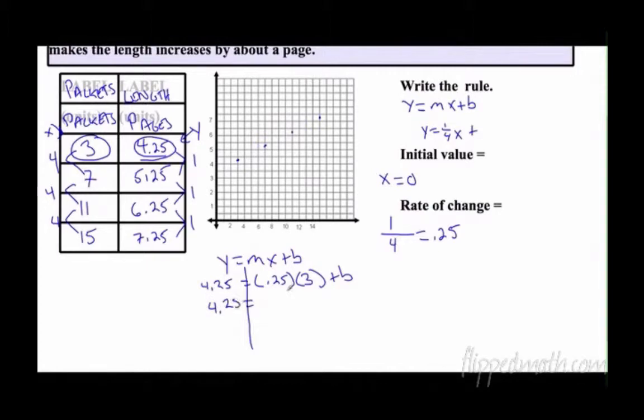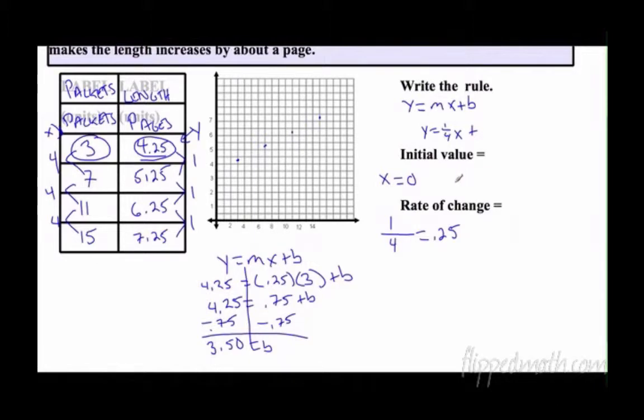Well, we can do 0.25 times 3, that's 0.75 plus b. Now I have to get b by itself, so I'm going to subtract 0.75 from both sides. 4.25 minus 0.75 equals 3.50, so b equals 3.50. So now we know our initial value.